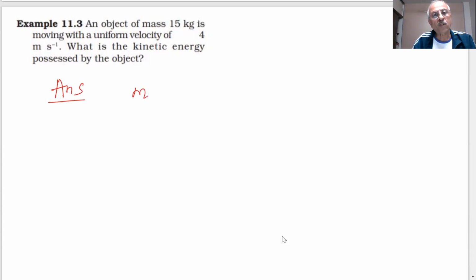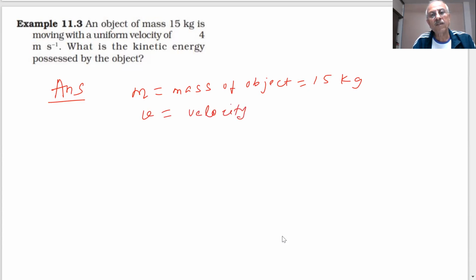What is the mass of the object? 15 kg. What is the velocity of the object? 4 meters per second. Are the units SI? What is the formula of the kinetic energy, students?